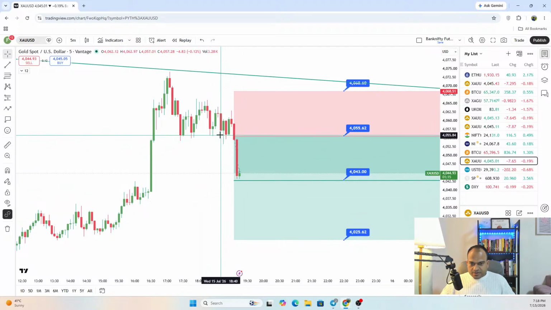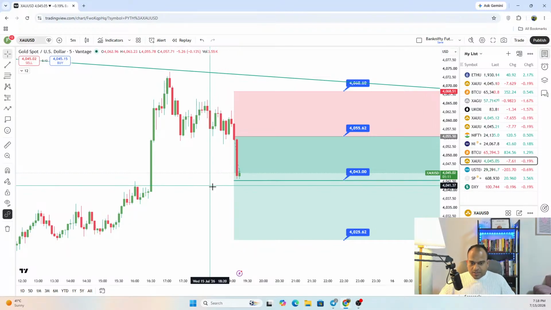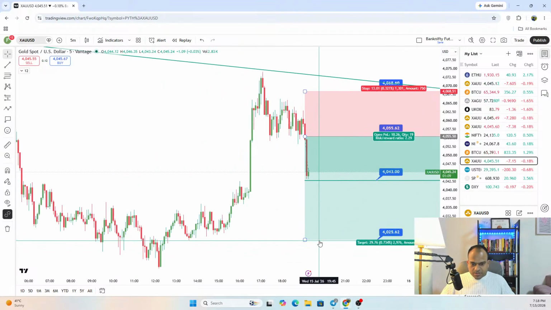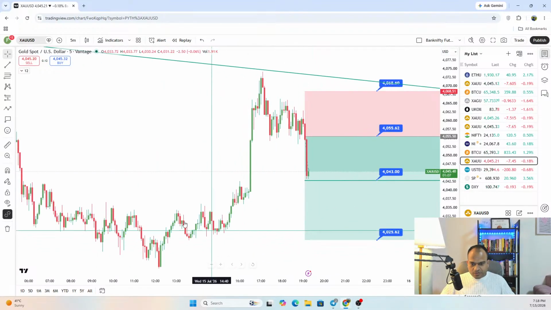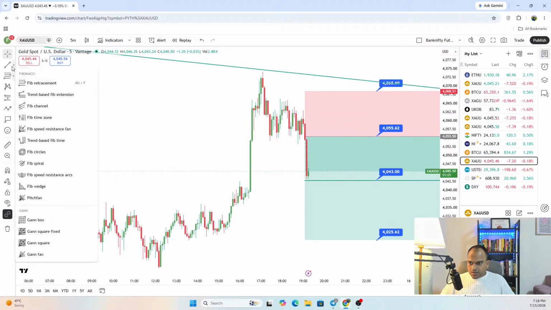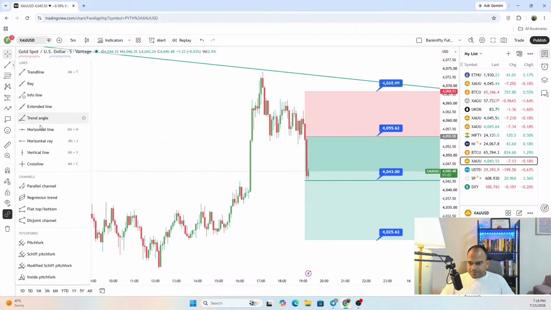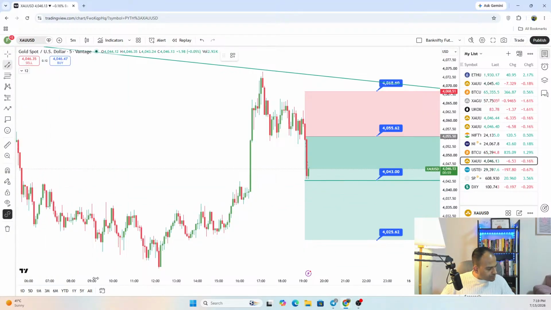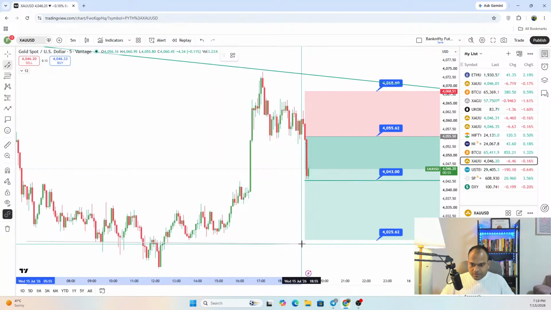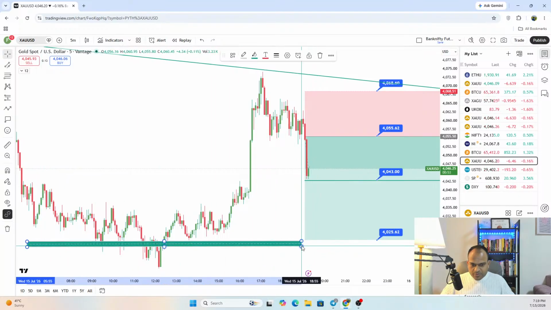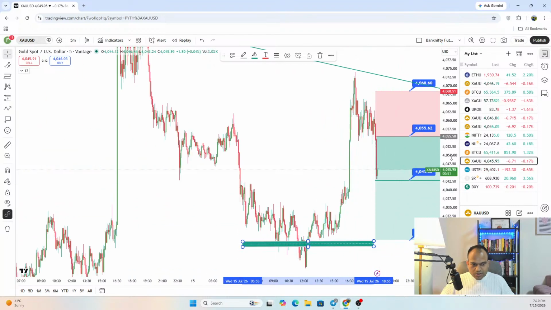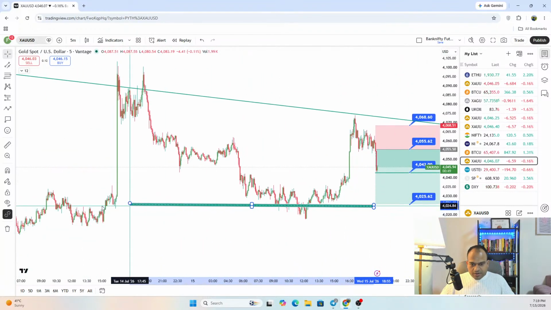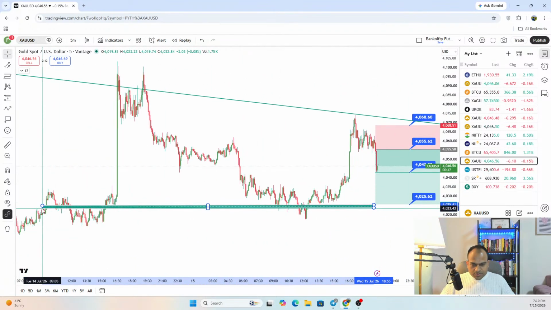Given the current price action and the structure of the market, I'm pretty sure that we will see the market touching this level of this zone, this liquidity zone, today itself. If you have watched my previous videos, I always talk about liquidity and price action, right?